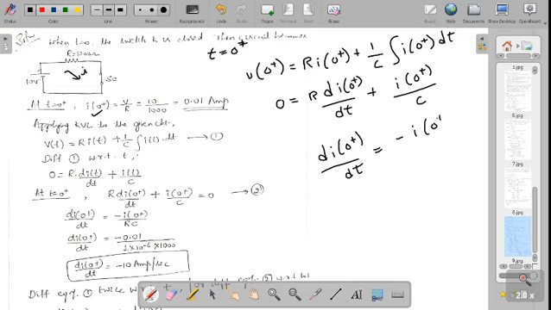It is I of 0 plus divided by C, and this R will come to the denominator, R into C.